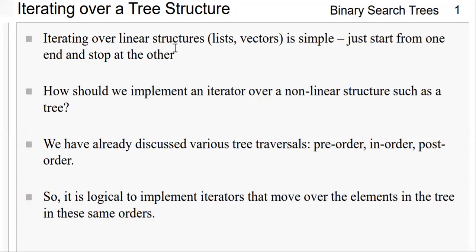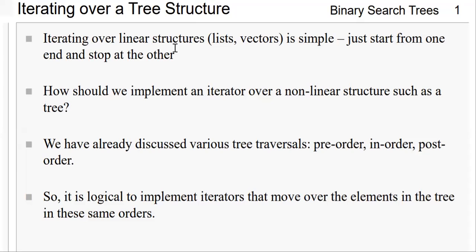In iterating over a linear structure, we can start from one end and stop at another end. So we implement iteration over a linear structure by using a list or vector. How can we implement iteration over a non-linear structure?